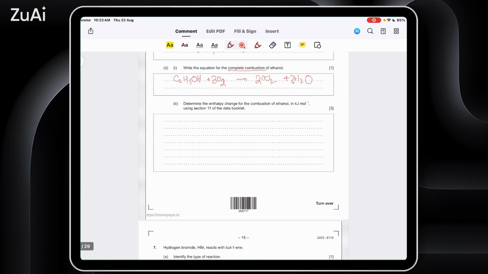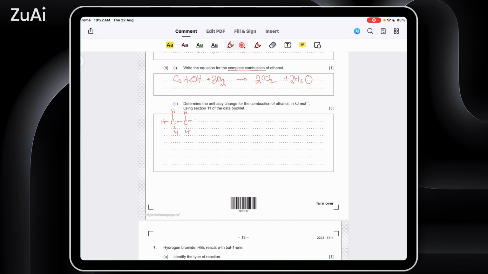Determine the enthalpy change of combustion using bond enthalpies. So bond break minus make. That's a 3-mark question. You know ethanol, how many bonds are there?